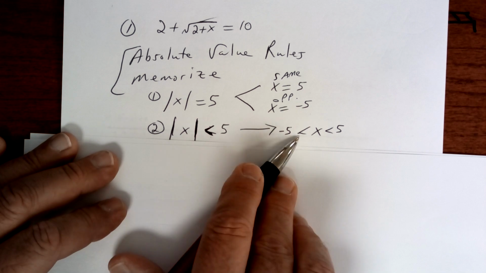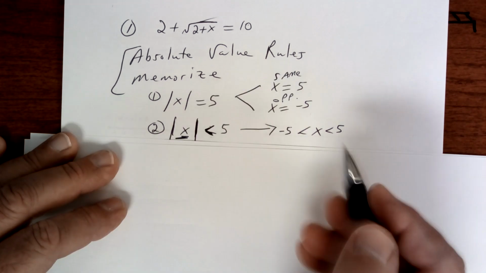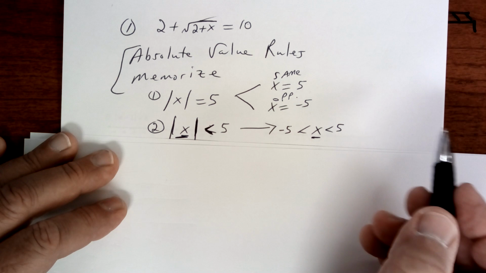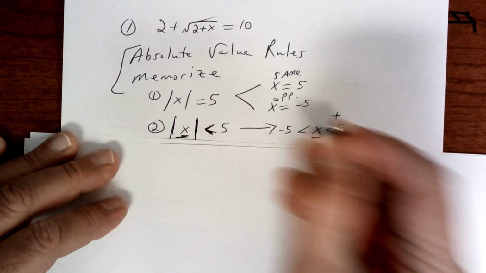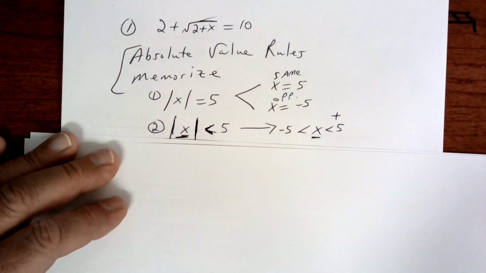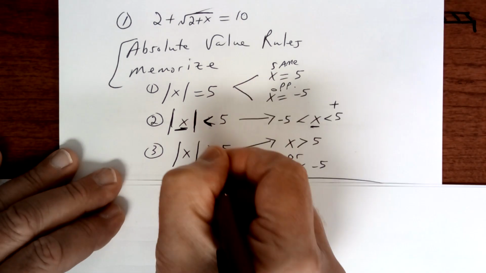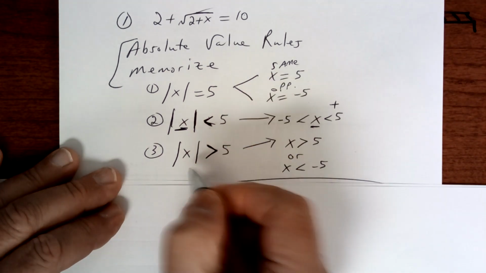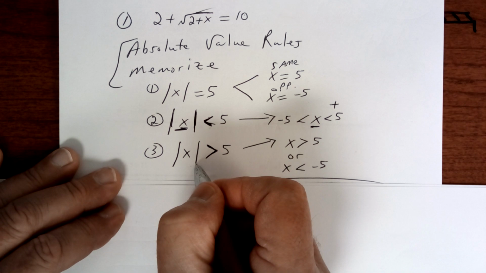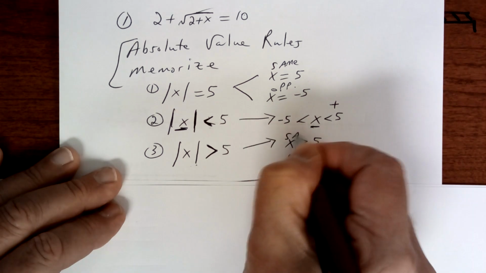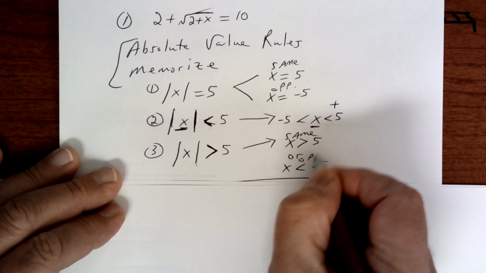So everything inside here is going to be squeezed in between a plus and a minus. Okay? If the inequality points away from the absolute value, then it's going to be the same and opposite. And opposite means you got to switch that sign.